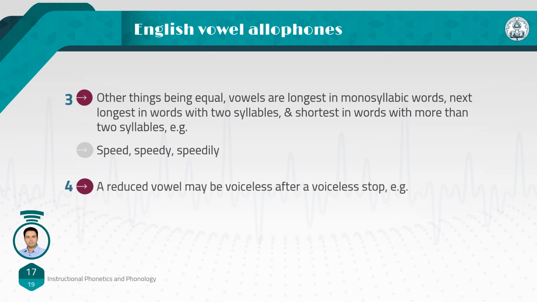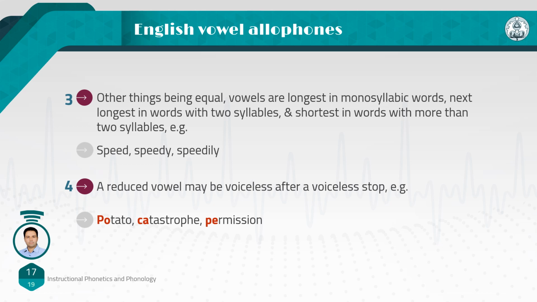Number 4. A reduced vowel may be voiceless after a voiceless stop. Potato, catastrophe, permission. As you can see, a reduced vowel here, the o in potato, the a in catastrophe, the e in permission, is voiceless after the voiceless stops at the beginning.